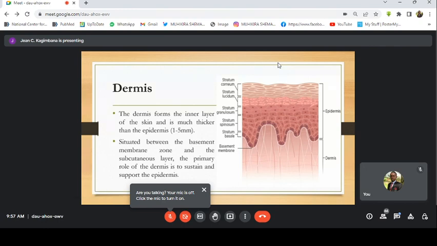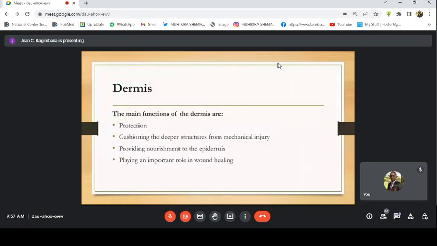Now, its main role is protection, cushioning the deeper structures from mechanical injuries. When you cut, for example, it protects the internal organs, bones, muscles, vessels. Then a big role we have to know is to provide nourishment to the epidermis through capillaries and the basement membrane zone.